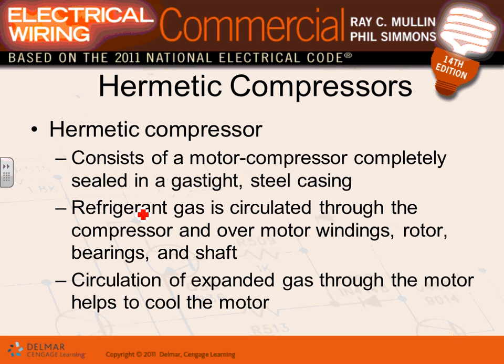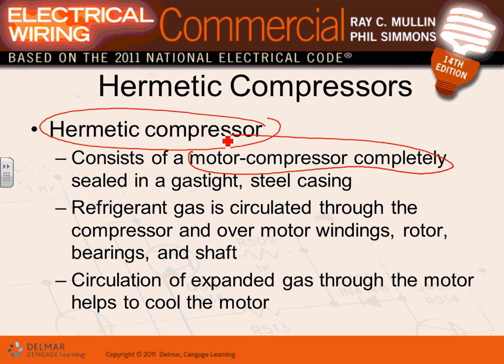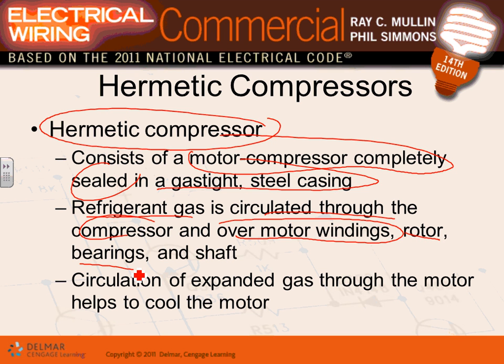Hermetic compressors. The hermetic compressors we're concerned about consist of a motor and compressor completely sealed, encased in a steel casing, all in one. Why is it important? They take the refrigerant gas and circulate it through the compressor over the motor winding, rotor, bearings, and the shaft.